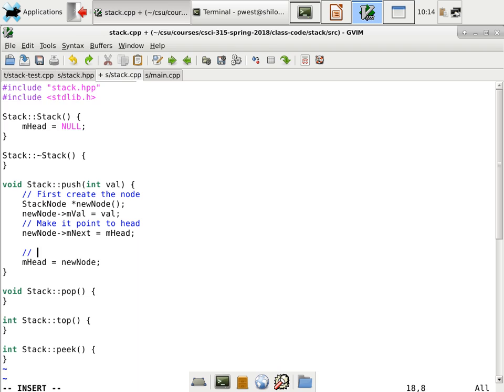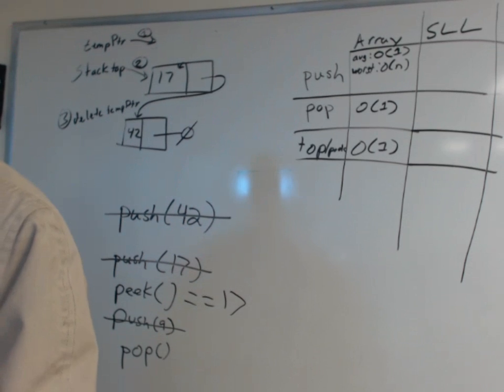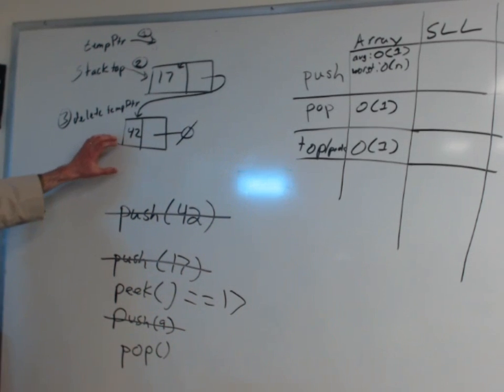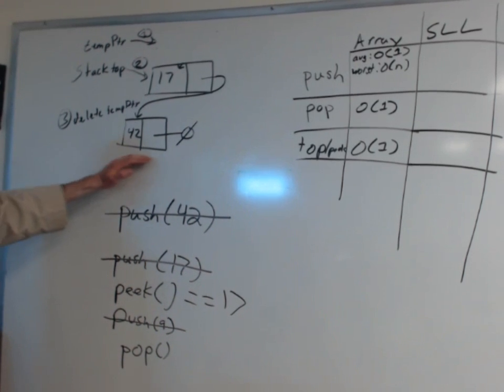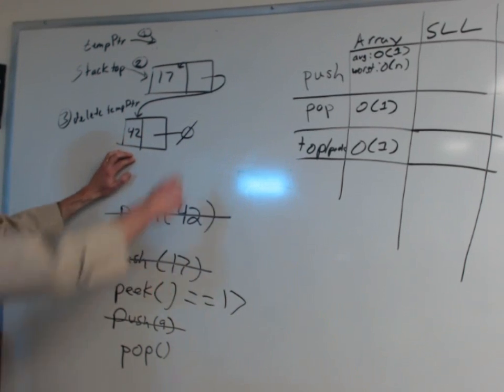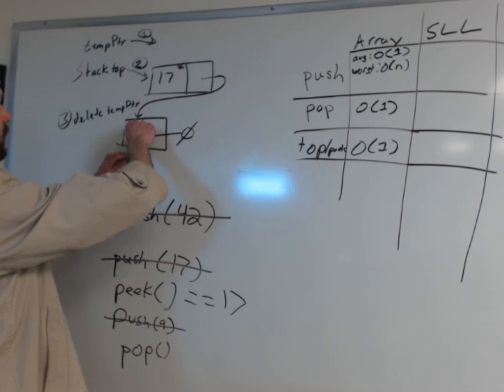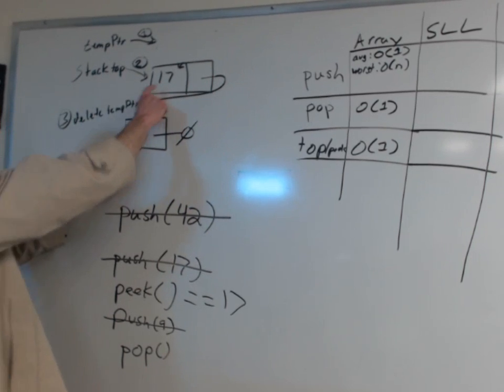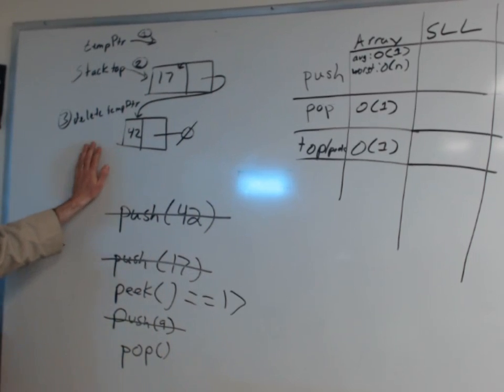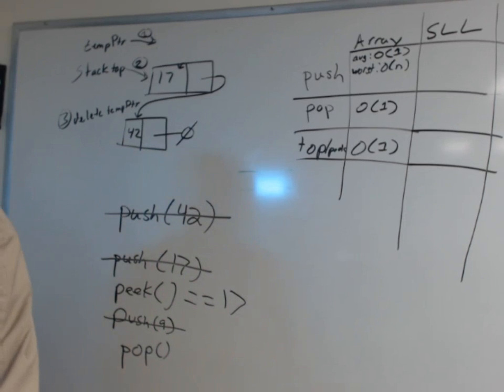And then lastly, update head to start with the new node. Anyone confused by this? If you notice, that's what we've been doing up here. If you had it null, we created 42, had it point to null. If you already had 42, you create a new node, have the new node point to 42, and then the top or the head point to 17. Everyone good? All right.